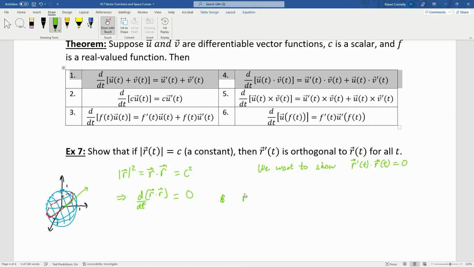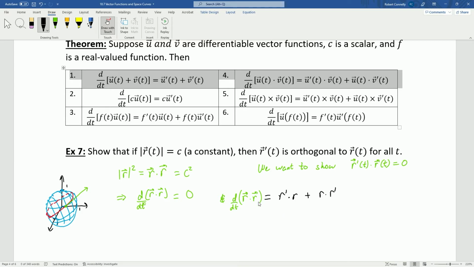I should also get that the derivative of r with itself is, according to our dot product rule, r prime dot r plus r dot r prime.